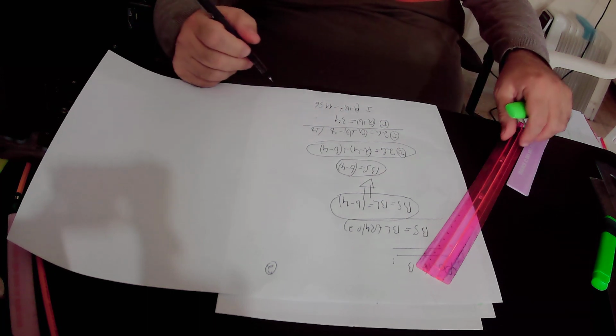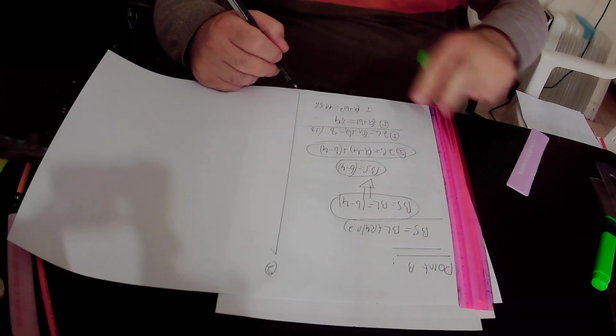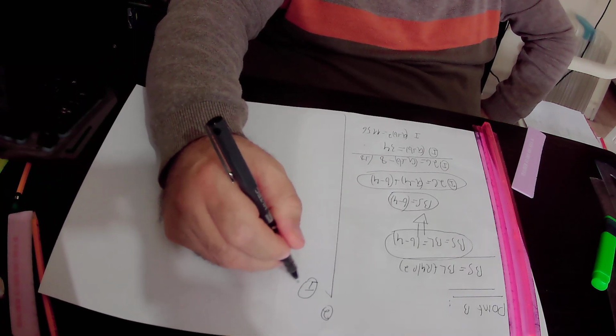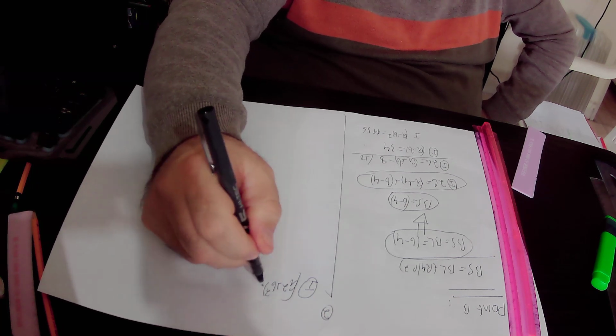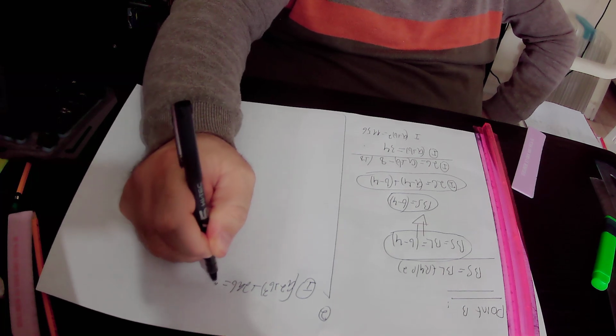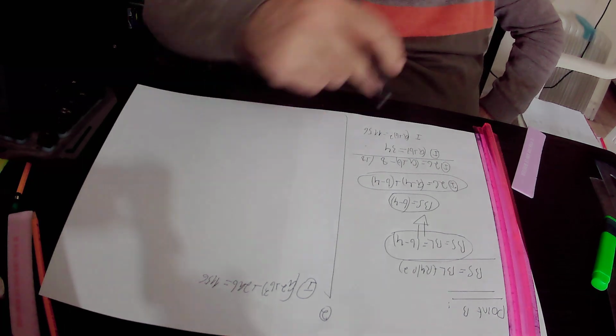Okay? So here we'll open the brackets on this side of equation number 1, and we'll get that A plus B squared equals A squared plus B squared plus 2 times AB, and it is equal to 1156. Okay?